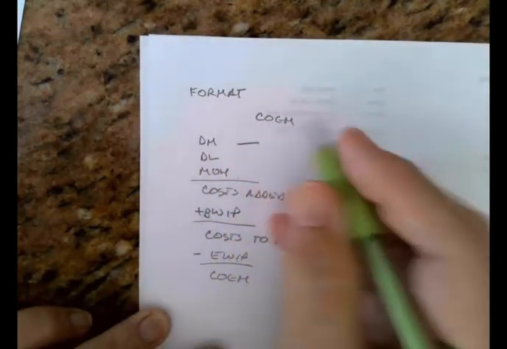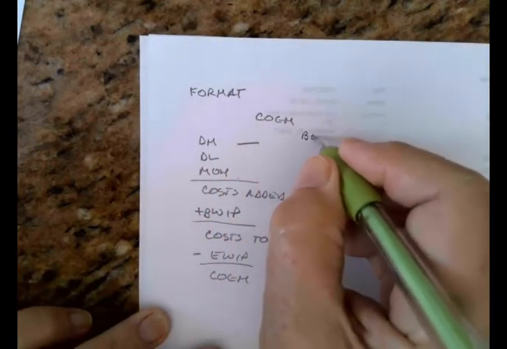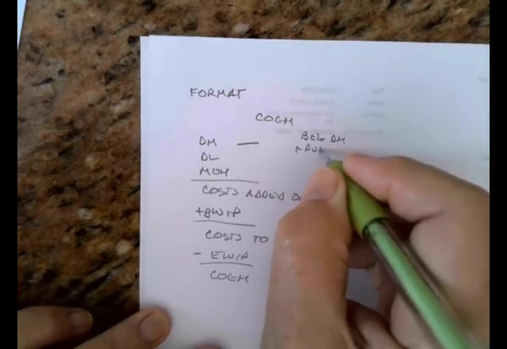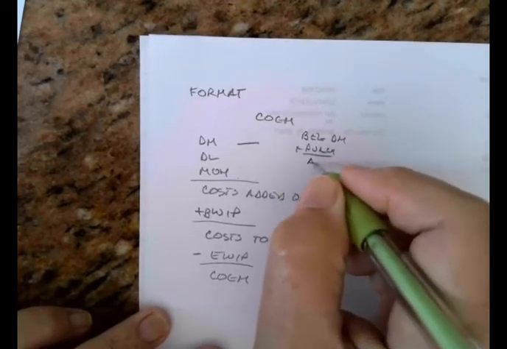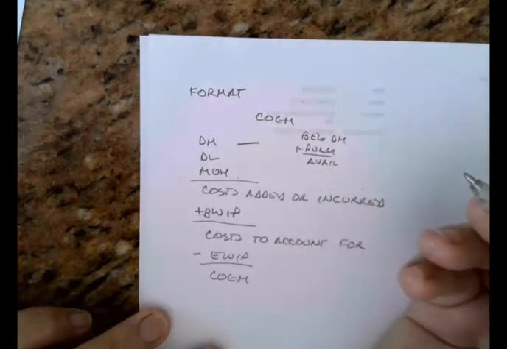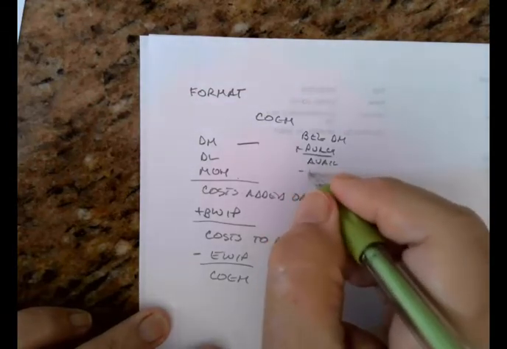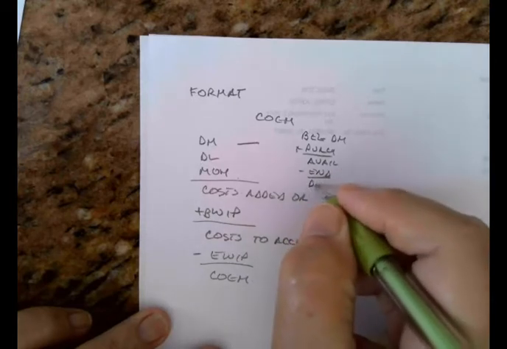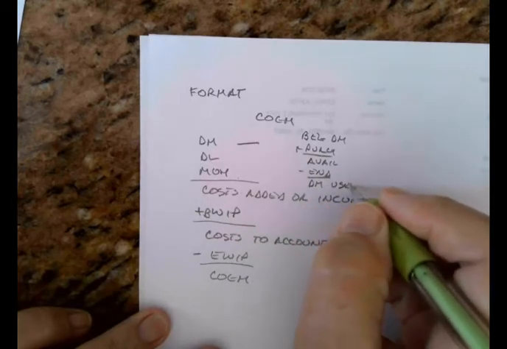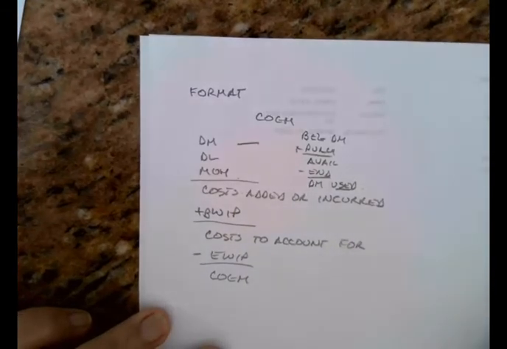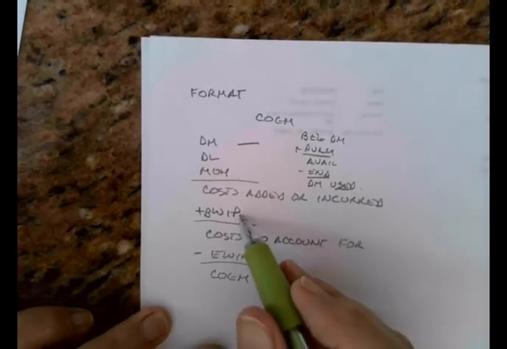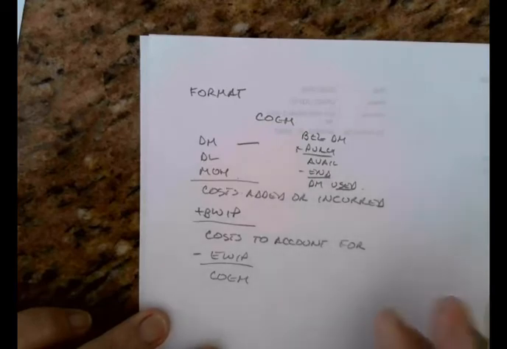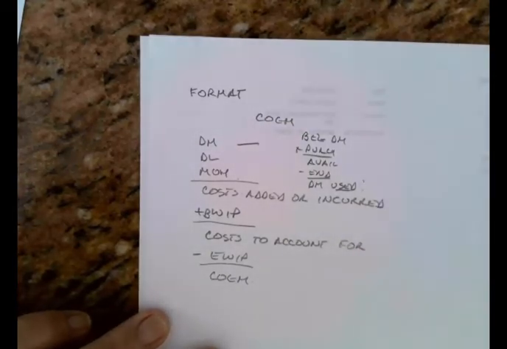Like for direct material, you're going to have a beginning direct material plus purchases will give you available for use, minus ending is direct material used. For work in process, we've got our beginning less the ending, but for this statement, that's the only one that you're going to add into.